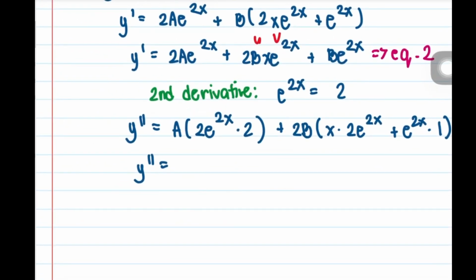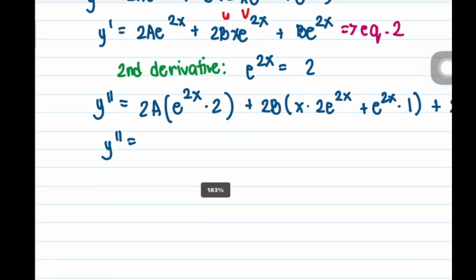I think it's best to set aside 2 here so that it will not cause confusion. So let me rewrite this into 2a e raised to 2x multiplied to 2.